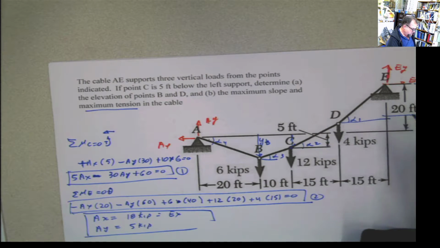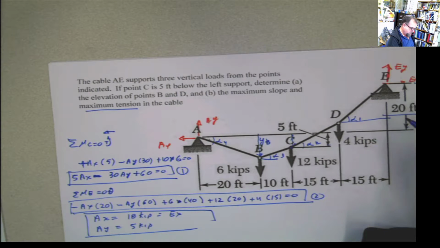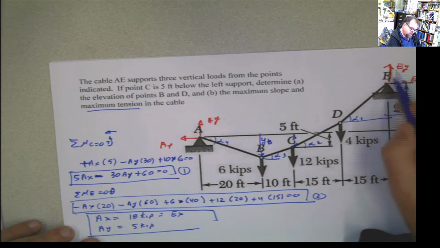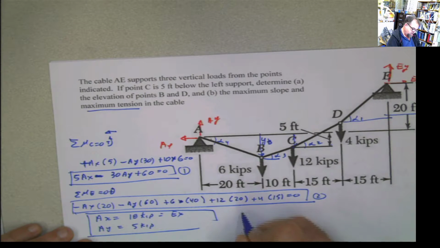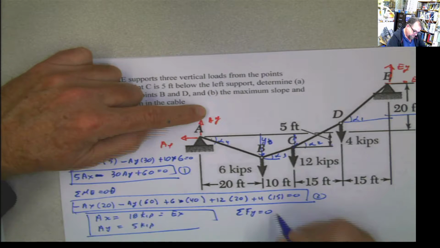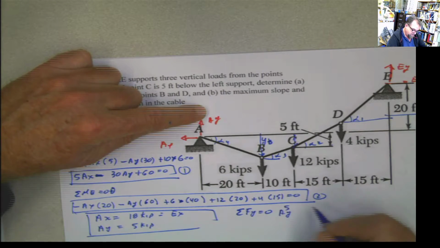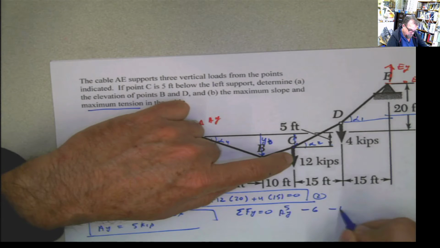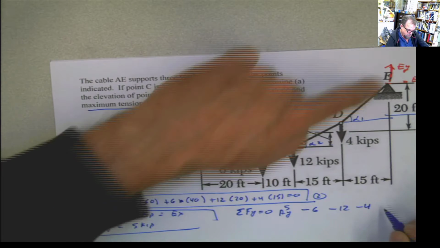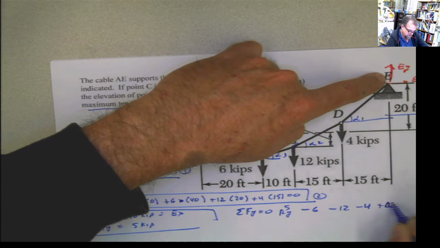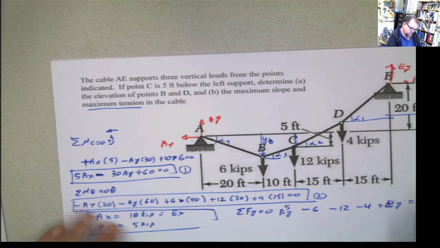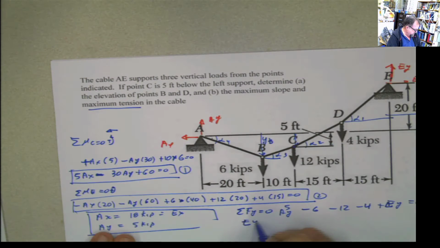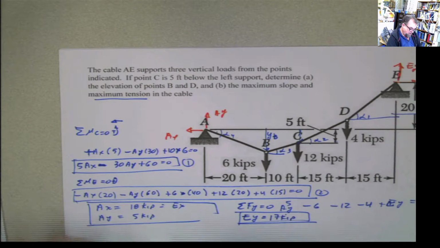But I don't want to work in that way because I don't know. So let's calculate the summation of forces in y equals 0. And then I'm going to have this AY, which is 5, minus 6, minus 12, minus 4, plus EY equals 0. And then I can calculate EY, and EY is 17. Okay, only with these values.